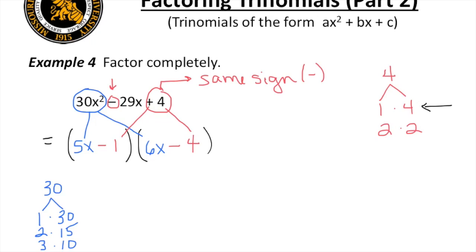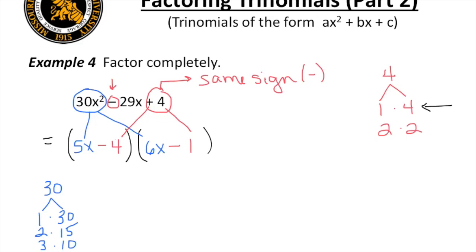Now before we go any farther, notice that based on this placement, the second binomial has a common factor of 2, which cannot be possible since our original trinomial had no common factors. This tells us that we've placed 4 and 1 in inappropriate places. So let's switch them around and place the 4 in the first binomial and 1 in the second.